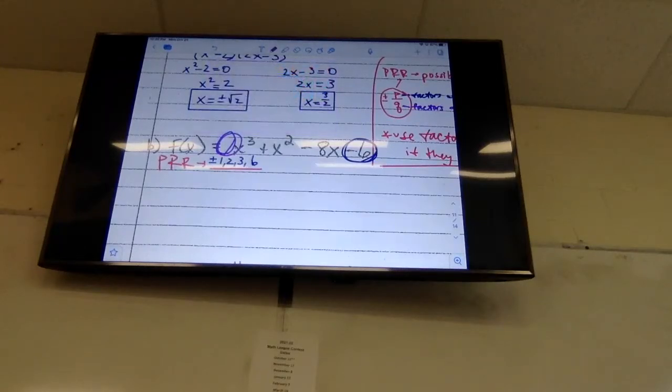Well, I don't really have a number up front. We assume that it's 1. The only number that multiplies to be 1 is just 1. I can simplify this list by dividing all of these numbers by 1, which just means that they're all going to be whole numbers. That means that one or many of these could work. My possible rational roots are +1, -1, +2, -2, +3, -3, +6, -6.